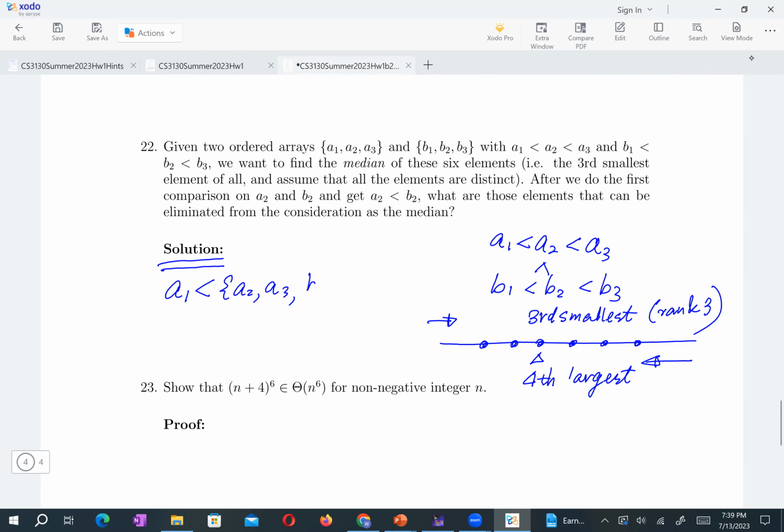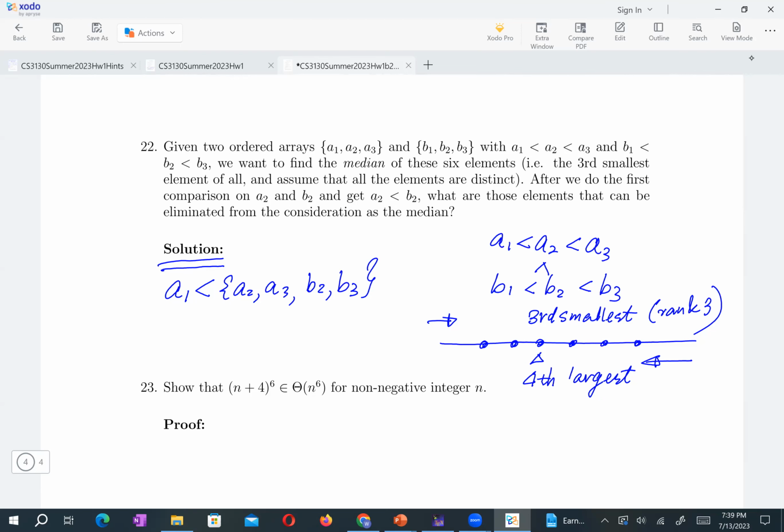Also B2, because B2 is greater than A2. A1 is also less than B2 and B3. Now you can see A1 is less than at least 4 elements.